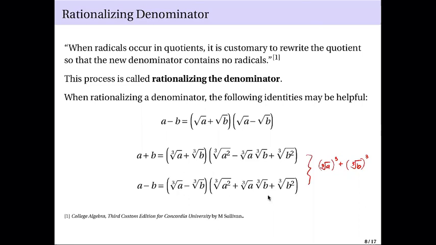And of course, if you have this guy, you just have the minus. So you will have here a plus b and a minus b. These two will be helpful if your denominator contains cube roots. This one will be helpful if your denominator contains square roots.